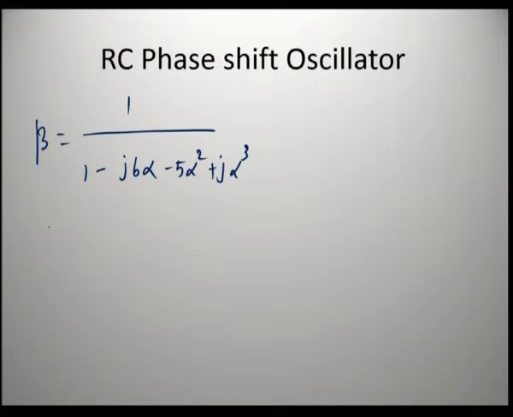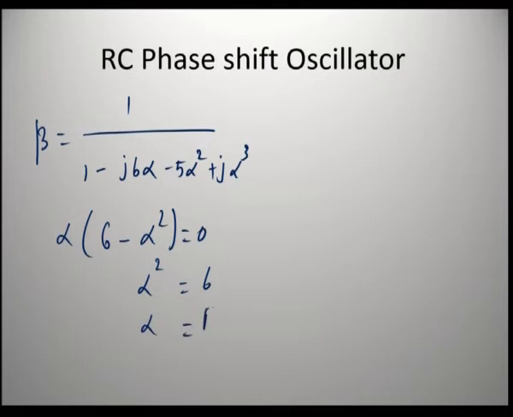From this, we equate the imaginary term, because beta has to be real. So, you will get alpha into 6 minus alpha squared equal to 0. So, alpha squared will be 6 and alpha is equal to root 6. And alpha is 1 by omega RC, equal to root 6.